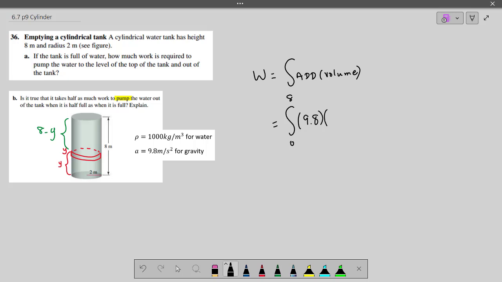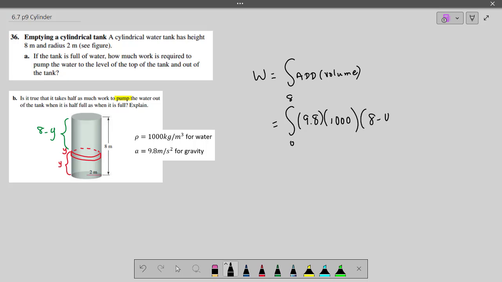Density of your fluid. Oh, we're dealing with water. Water is 1,000 kgs per meter cubed. So 1,000. Second D is distance traveled by that cross section at your representative height of y. That distance traveled is 8 minus y if we're draining out the top.